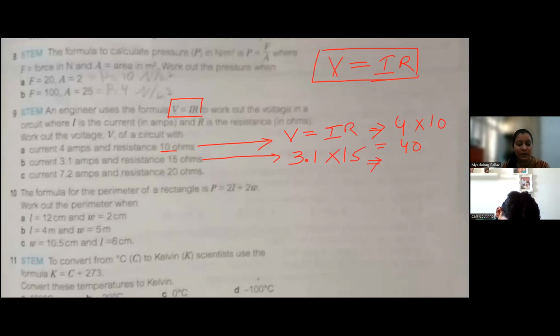Just solve 3.1 multiplied by 15. I'll be back in a minute. You find it out for the B part and C part also.